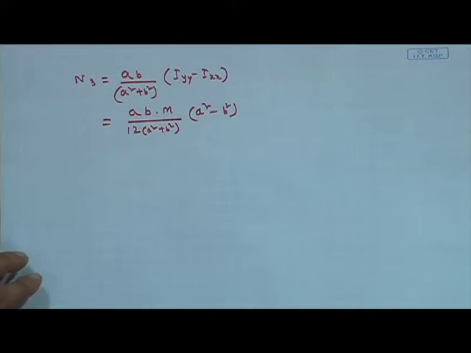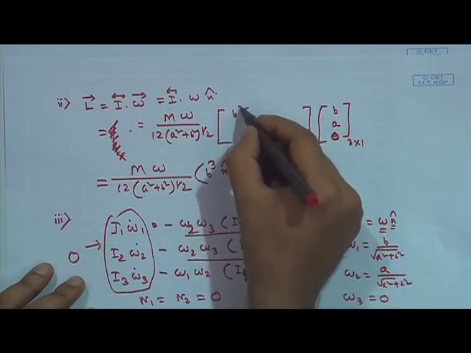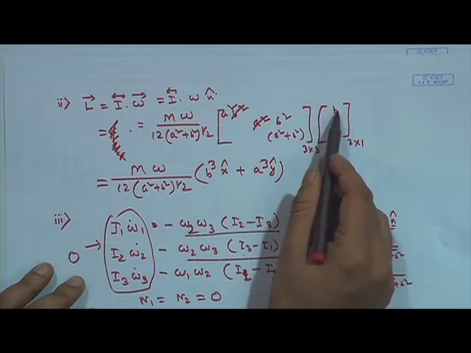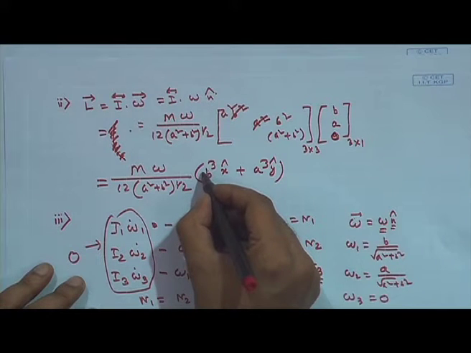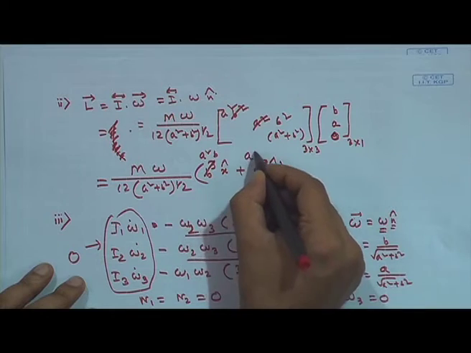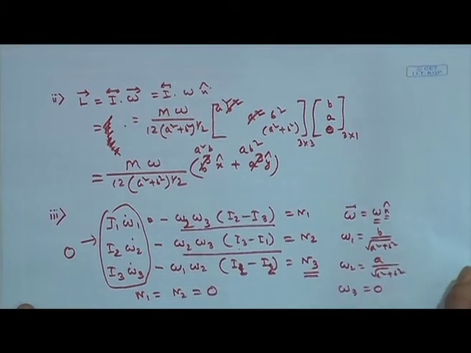Also for the expression of L, it will be a squared here and b squared here. So it will be a squared b and a b squared, right? So this is the expression for L omega.